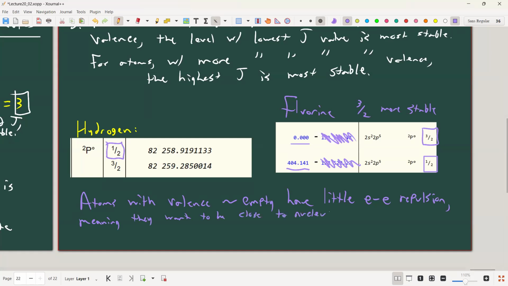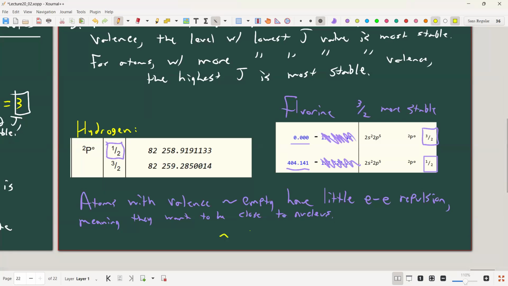Right? They pull themselves in, right? So the last thing you want is to have a lot of angular momentum. That again has a lot of centrifugal force that pushes you away. And so if you don't have a lot of electrons between you and the nucleus, you're just going to come in, right? You want to come in as close as possible, which means you want to have as little centrifugal force as possible. Right? So that refers to 1/2, right? To low angular momentum states.